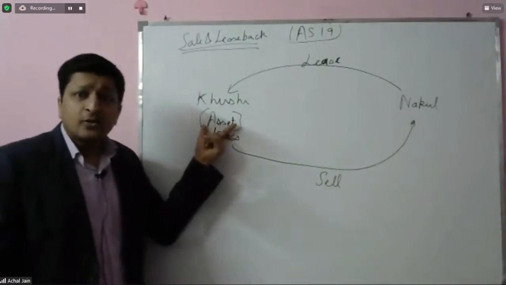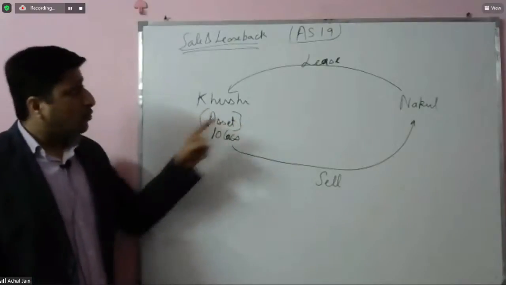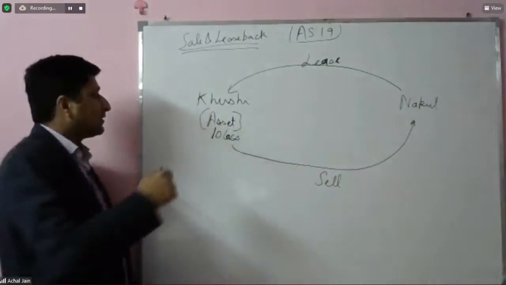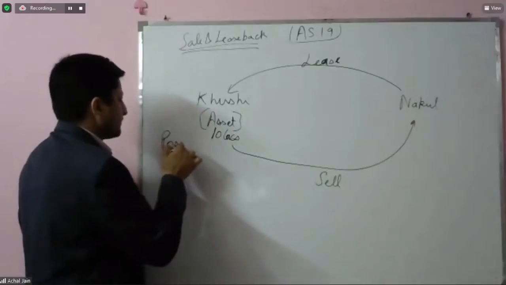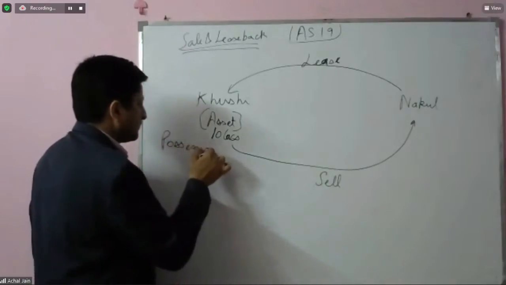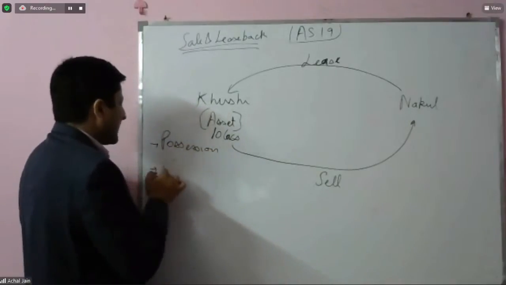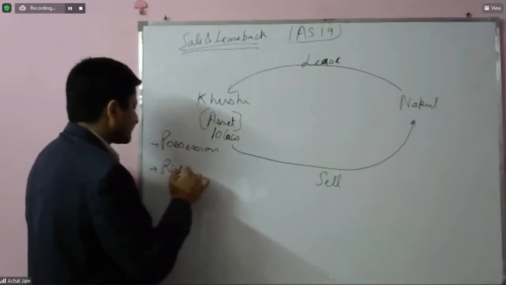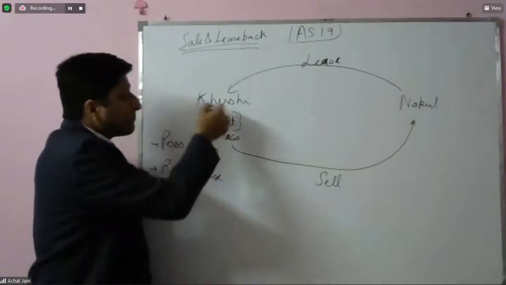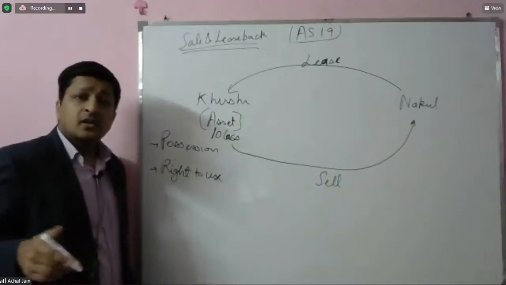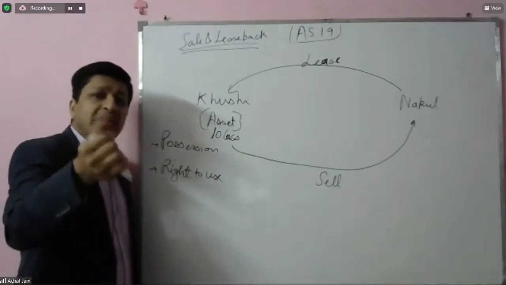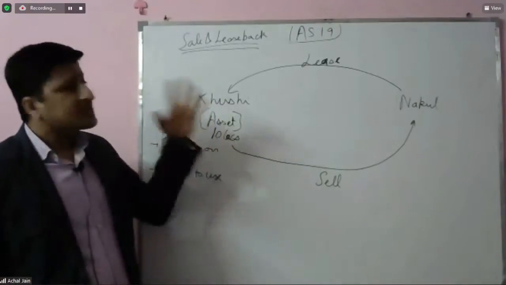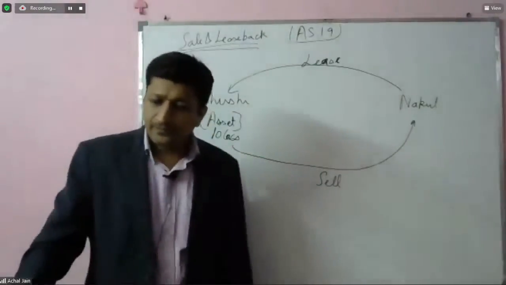Asset came back to Kushi. The ownership is with Nakul, but the possession and the right to use has come back to Kushi. Plus, Kushi has also got funds. So both the things are back with Kushi.